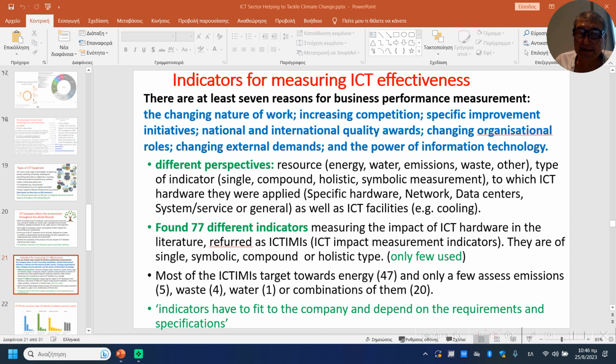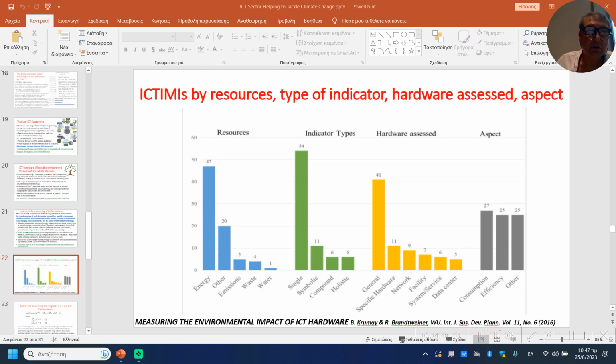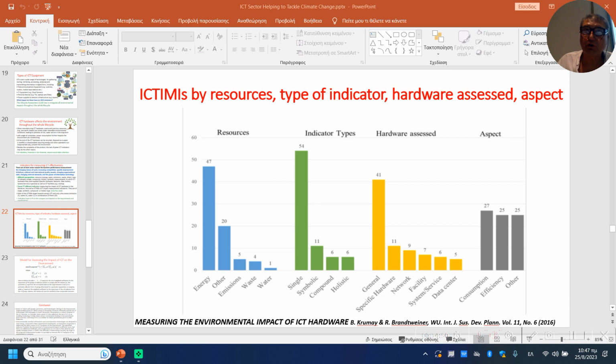Only a few assess emissions, 5, waste 4, water 1, and combinations of them about 20 different. Indicators have to fit the company and depend on the requirements and specifications. Here in this slide I show ICTIMs by resources, type of indicator, hardware assessed, and aspect of different indicators.